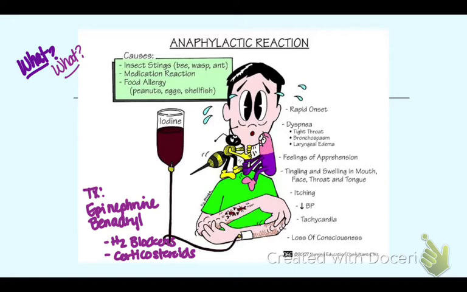So think about your methylprednisolone, your Solu-Medrol, and then your H2 blockers such as Pepcid. Now, when I say H2, it's not PPIs, it's H2 blockers. You want those histamine blockers with this type of shock because you're blocking that histamine reaction, because that's part of the problem, that histamine's released in response to this allergic reaction.